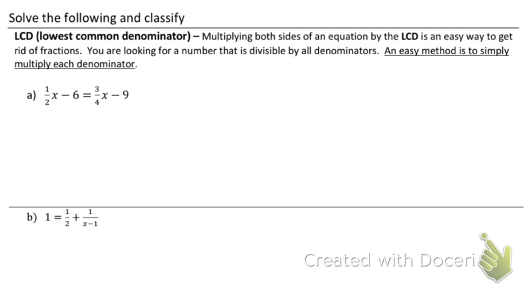There is a method that works every single time, and that is to multiply every denominator you see together. So you could look at this and go 2 times 4 is 8. That is what we'd call a common denominator. It's not the lowest one, but it will work. I can multiply both sides by 8 and it will clear the fractions.